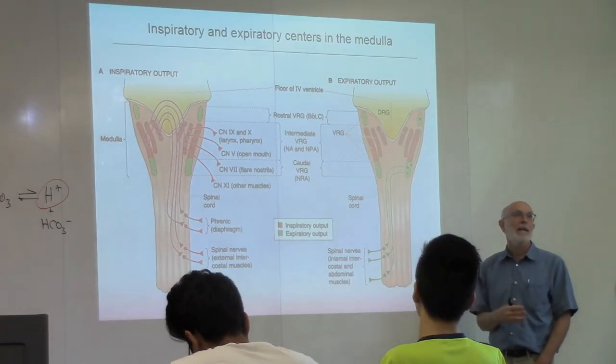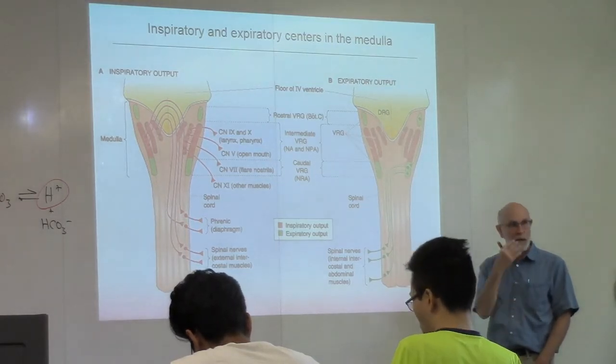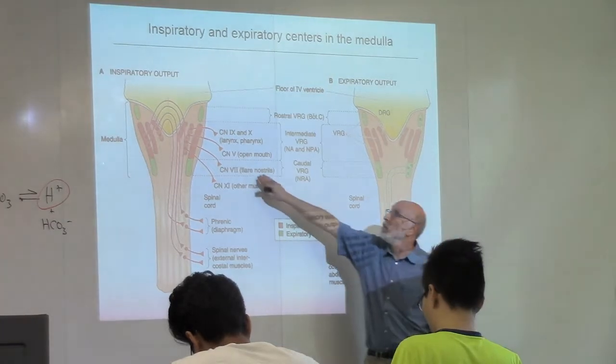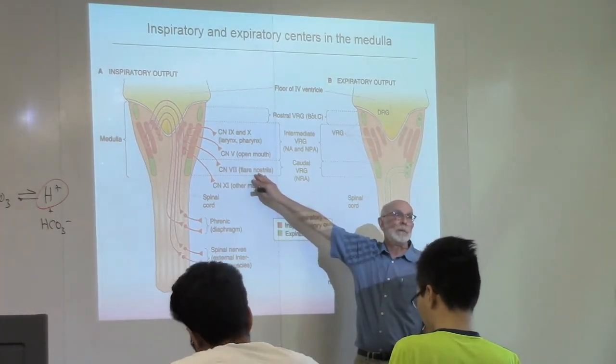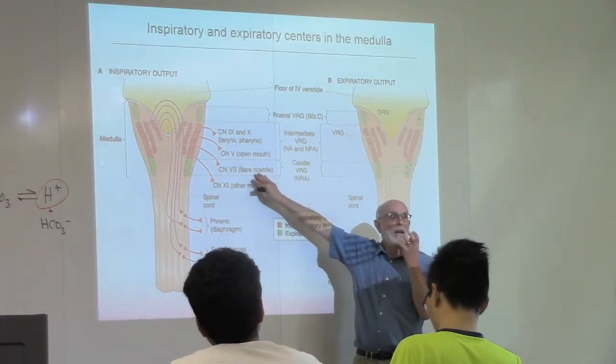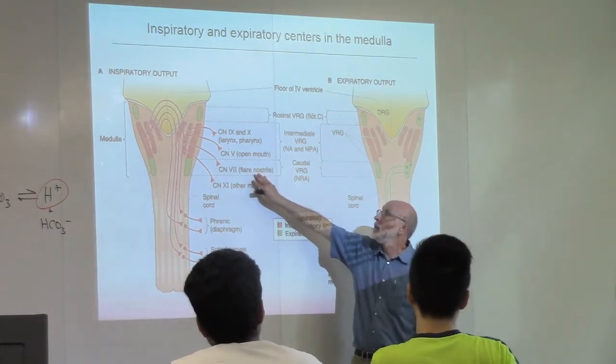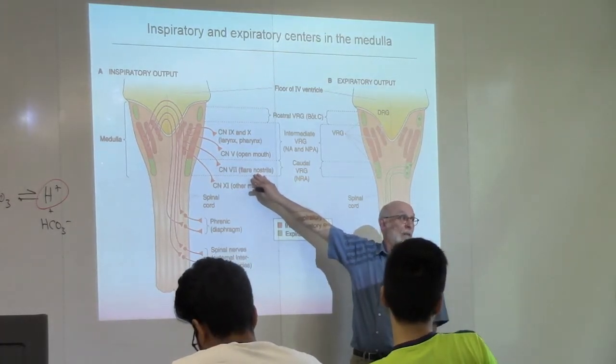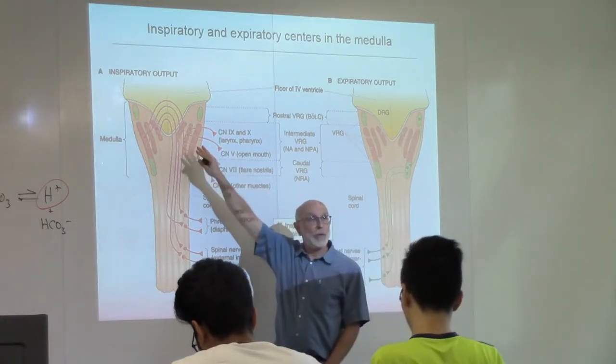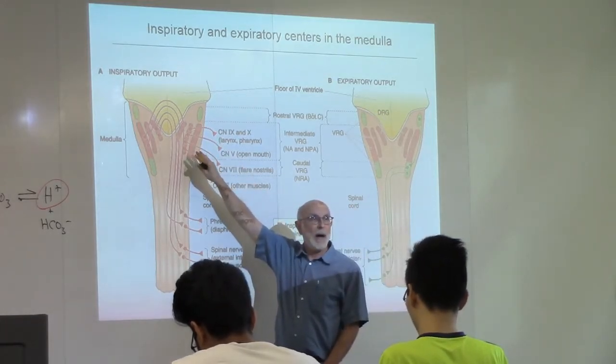So you automatically open your mouth and start mouth breathing in addition to nose breathing. You may not even be aware of it, but you use muscles to try to expand your nasal cavity, to flare the nostrils. So this is all controlled by the medulla oblongata.